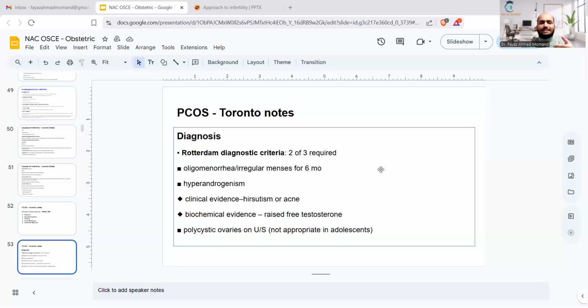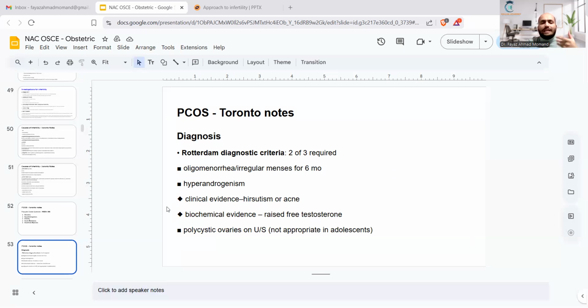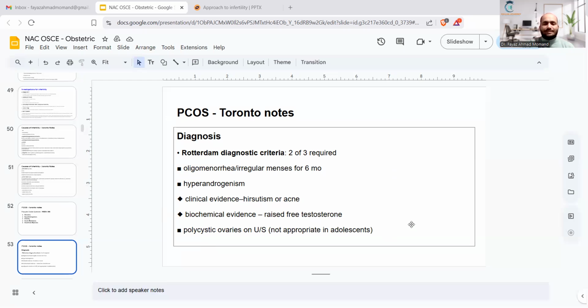They would exhibit signs of hyperandrogenism like a deep voice, acne, hirsutism, etc. They may have multiple cysts on their ovaries. Any 2 of these 3, oligomenorrhea or irregular menses, hyperandrogenism, polycystic ovaries. If any 2 are present, we can diagnose PCOS in the patient.